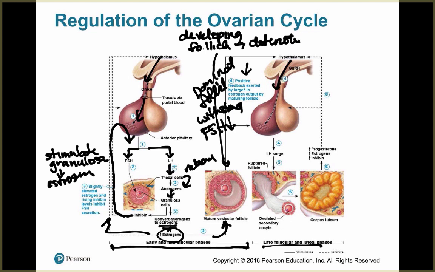And so this is going to allow the gonadotropin releasing hormone to release, and basically you're going to get a surge of luteinizing hormone. And this is going to trigger ovulation and formation of the corpus luteum.